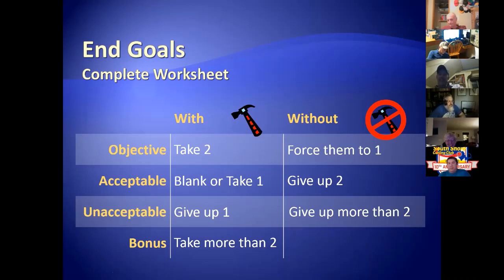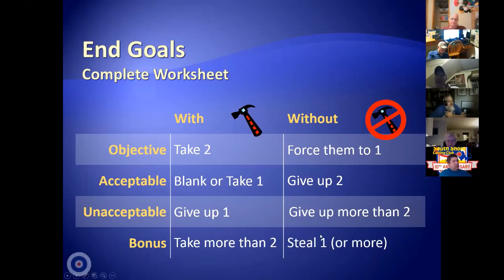We can try to steal and we can create a situation where we put ourselves in a good position to steal, but ultimately the other team has the hammer. So through their own efforts with their rocks, they essentially get to decide whether or not we can steal. So that would be a bonus.